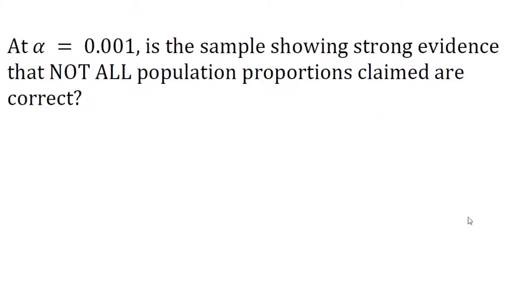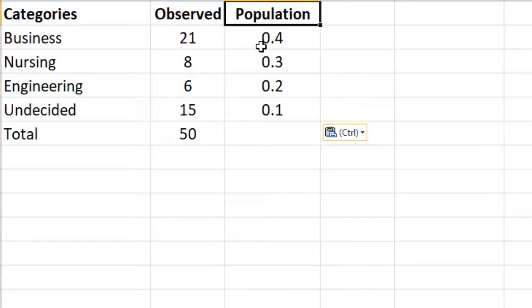If we're looking back at our question, we're trying to prove that not all population proportions claimed in the null hypothesis are correct. At the end of the test we had strong evidence to say that not all of the population proportions are correct. But keep in mind that throughout the problem, we were never able to point out which one or which ones among these claimed proportions are the incorrect ones.